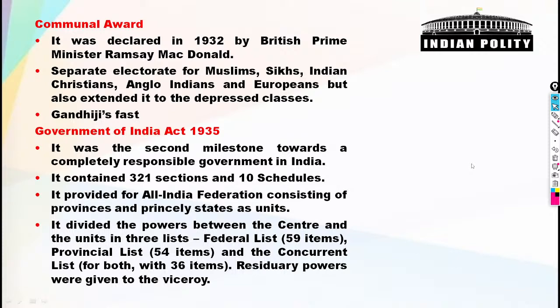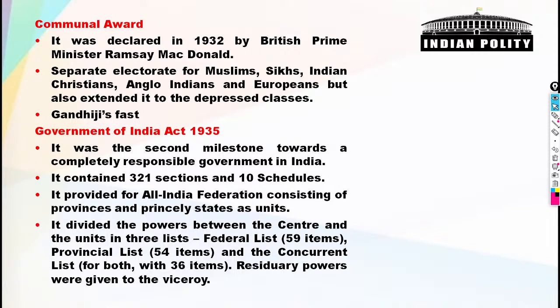First of all, it is the largest ever act, even in the constitutional history of British India, the largest ever act enacted by British Parliament. It contained 321 sections, almost various detailed provisions of the Indian administration. And later, it influenced the Constitution largely.